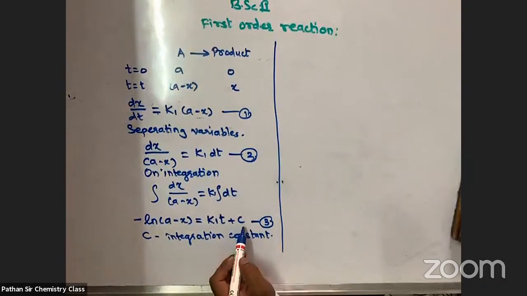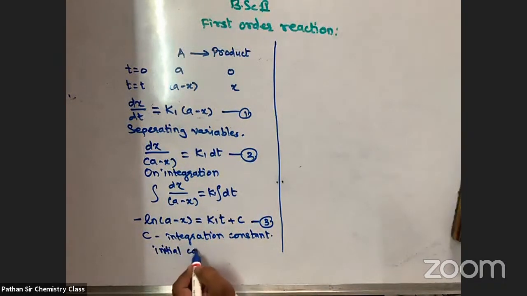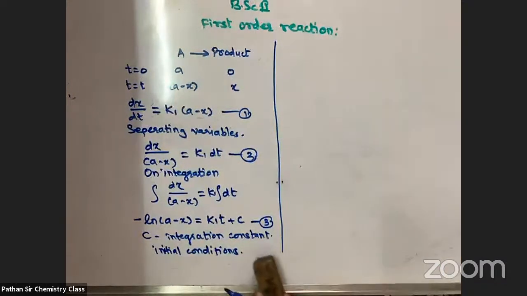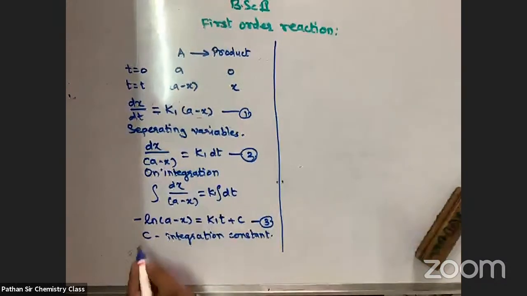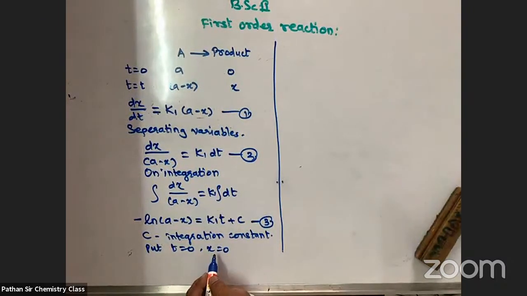Now to find the value of c, you put the initial condition. Okay, what is the initial condition? At t is equals to 0, x is equals to 0. Therefore, put t is equals to 0 and x is equals to 0.